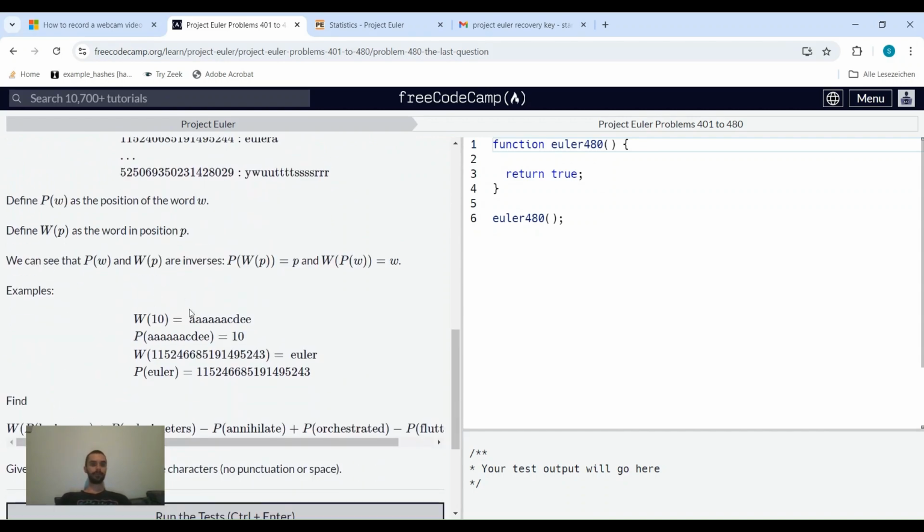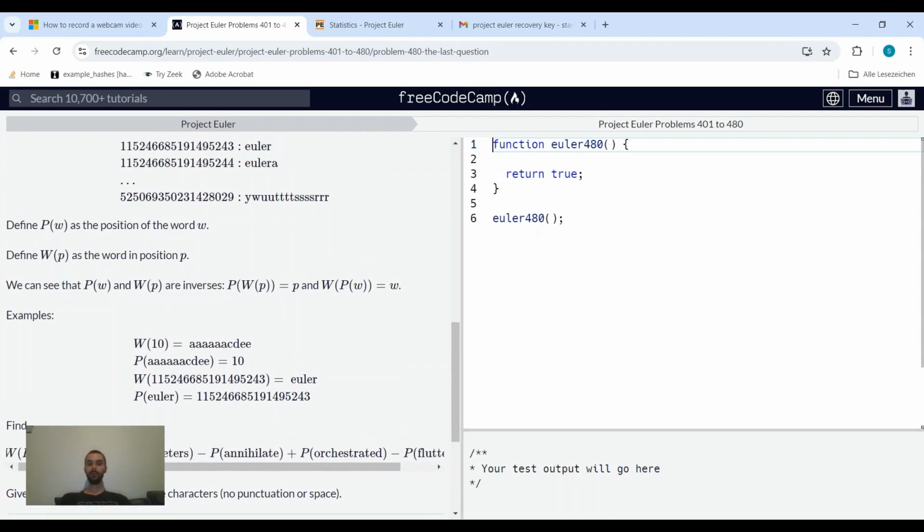And you have to find this word at this position.